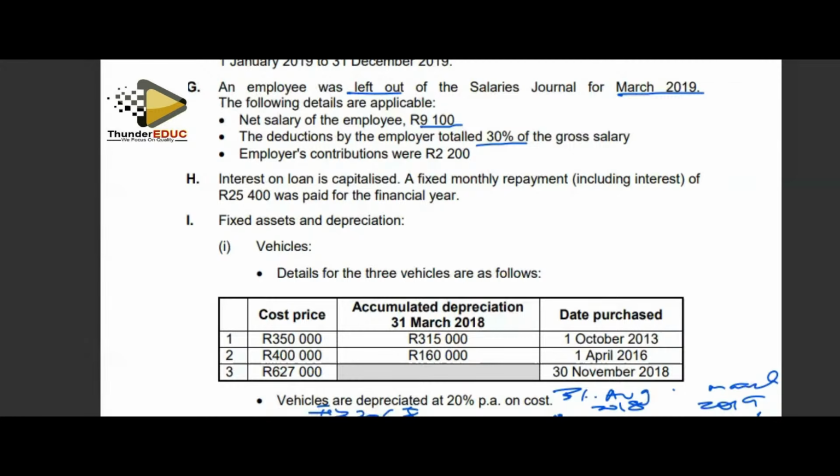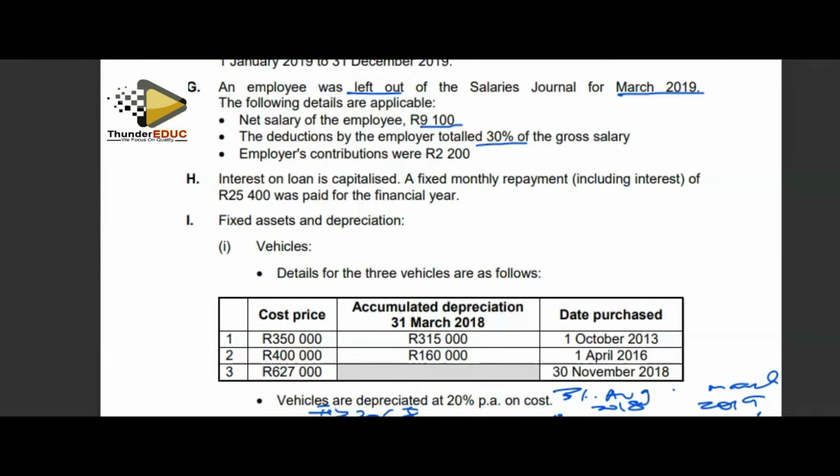Net means after deductions. And the deductions were 30% of the gross. So what is 30%? 130 divided by 9,100.